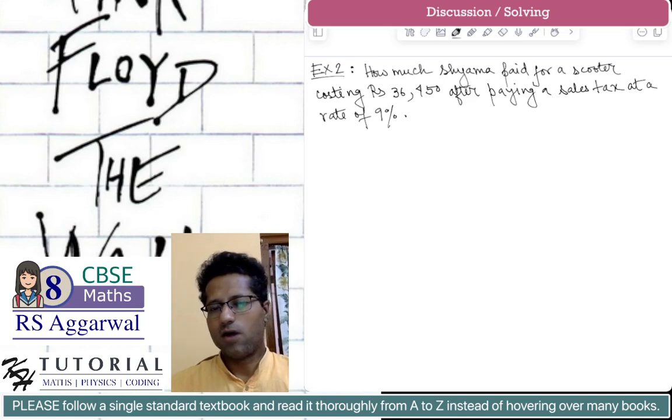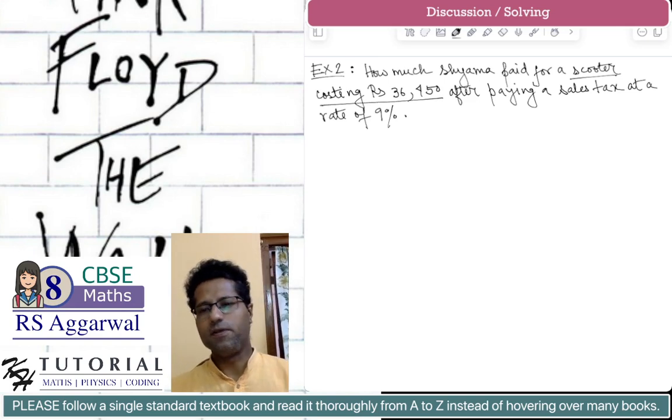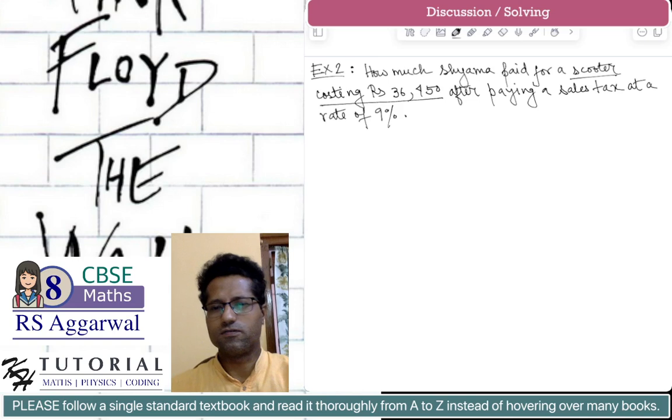It is saying how much Shyama paid for a scooter costing rupees 36,450. What does this mean? A scooter costing rupees 36,450 means the original cost price of the scooter is 36,450, and based on this, sales tax was paid at the rate of 9%.